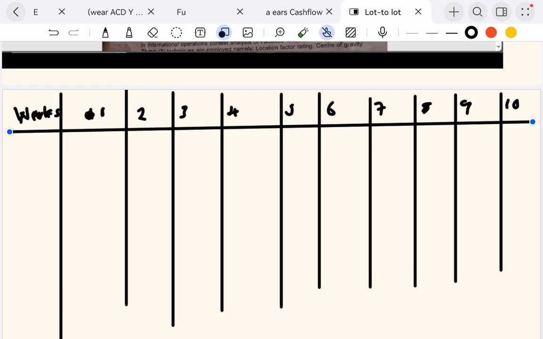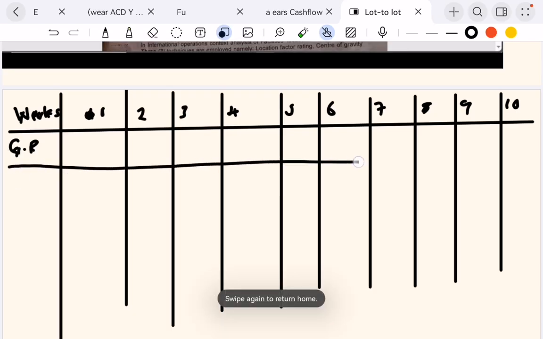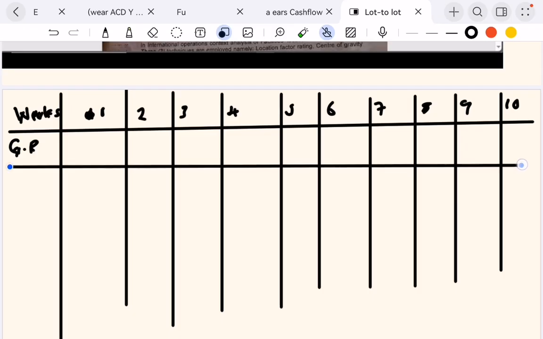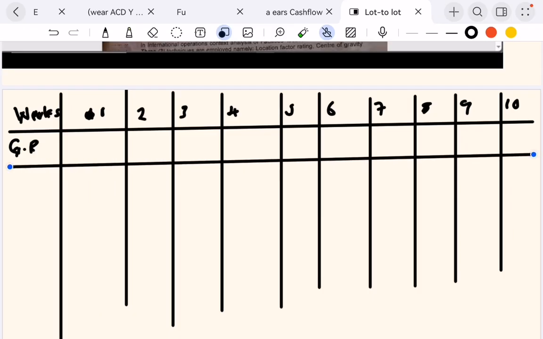So here, the first thing is the gross requirement. You write it in full. So the gross requirement, then we have projected at hand. The projected at hand here is 3,500. We'll come to it properly.